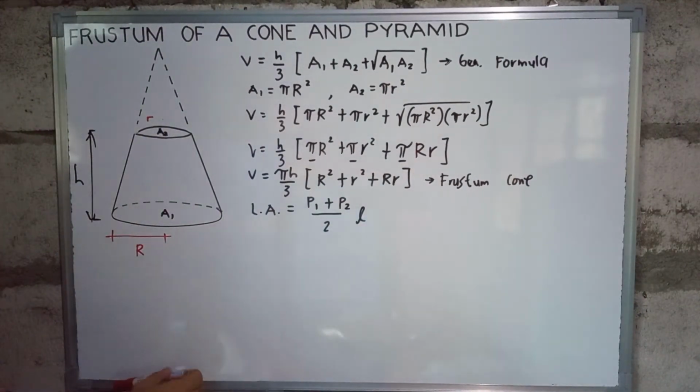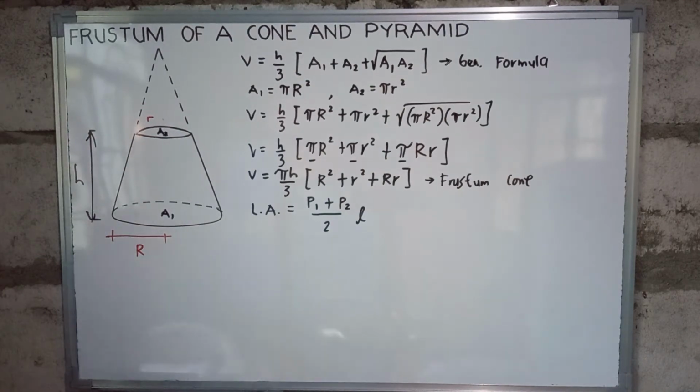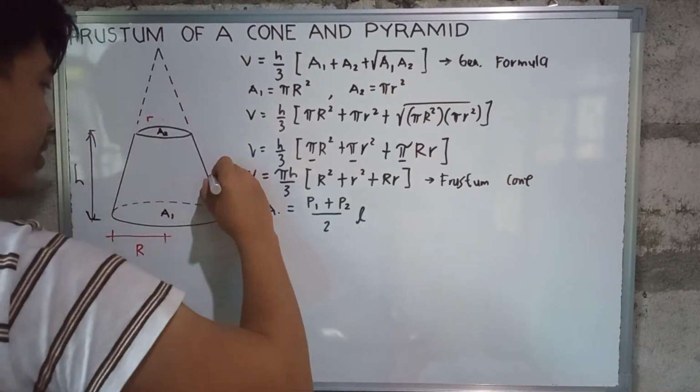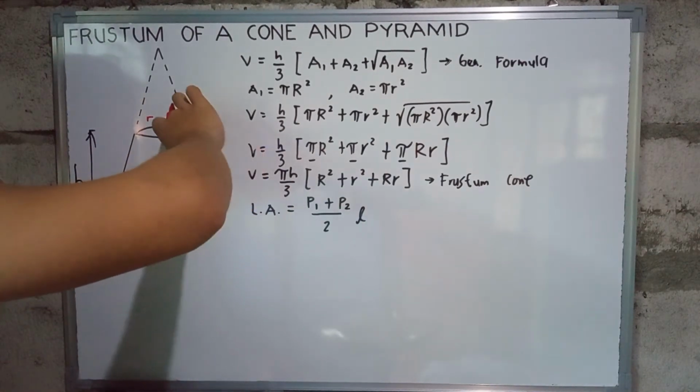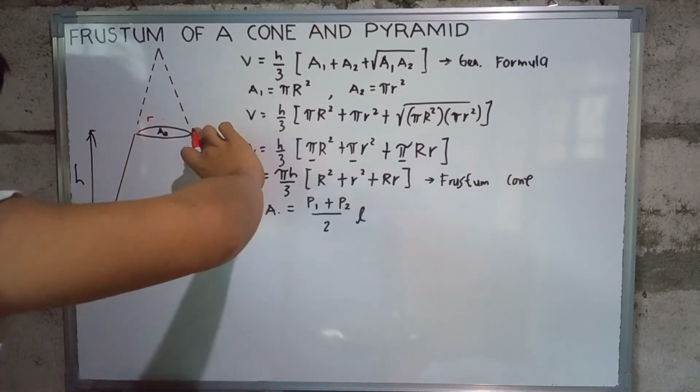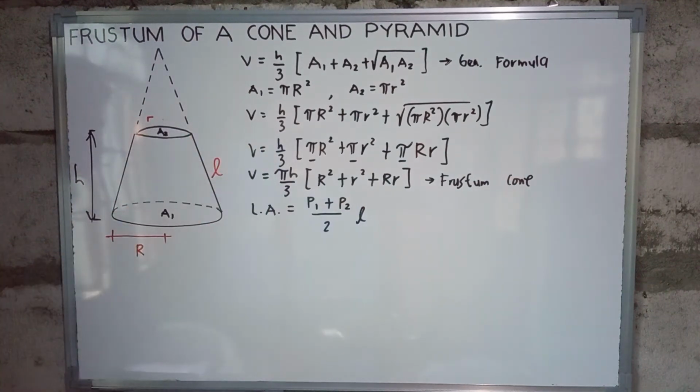So in our given figure, the slant height here is denoted by eto. Yan. So the length na nakaslant from A sub 2 tsaka A sub 1. So that will be our slant height.